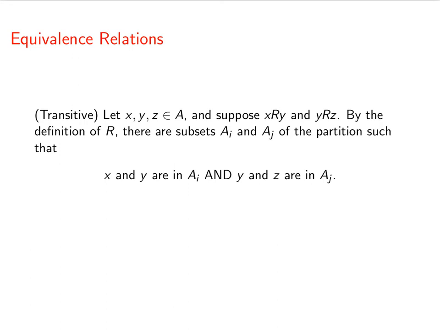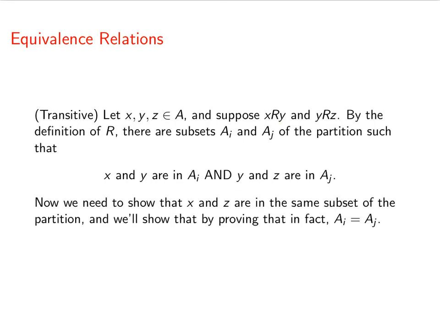By the definition of our relation, there have to be subsets A sub i and A sub j of the partition such that x and y are in A sub i, because x is related to y, and y and z are in A sub j, because y is related to z. So what we need to do now is to show that x and z are in the same subset of the partition. We're going to do that by proving that, in fact, A sub i has to equal A sub j.